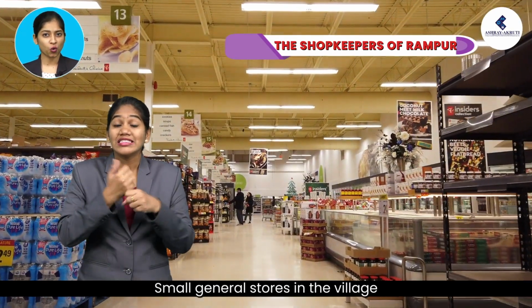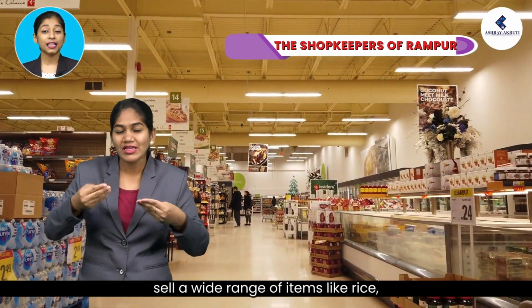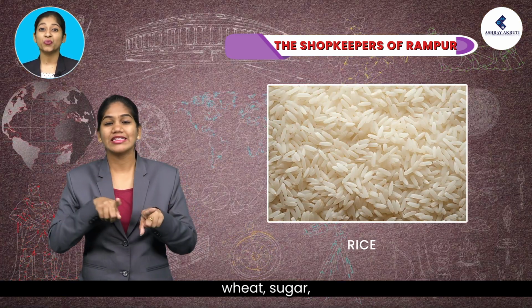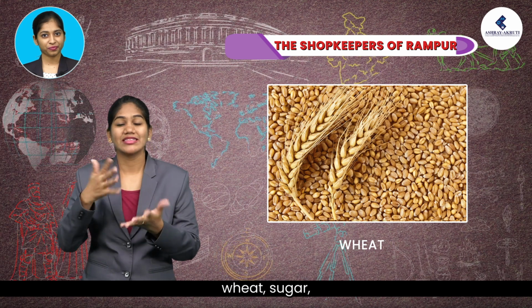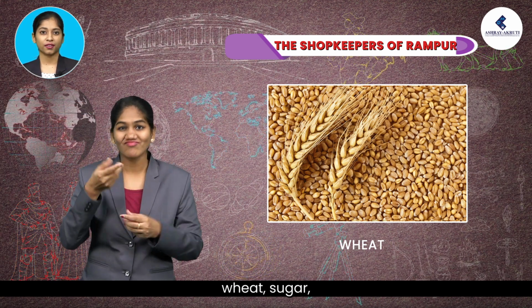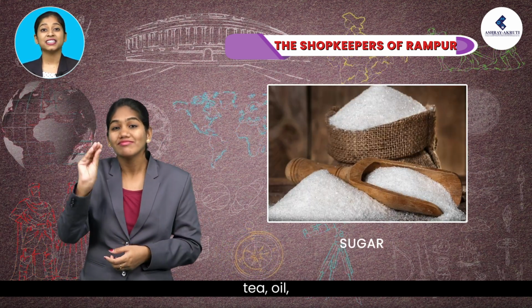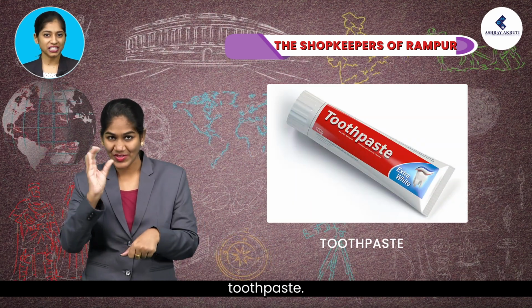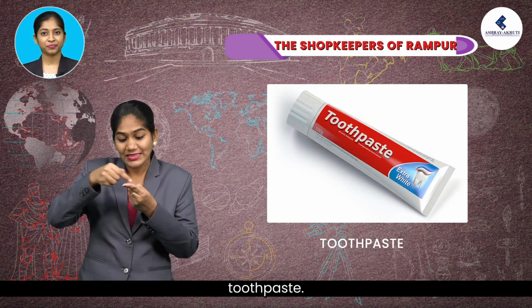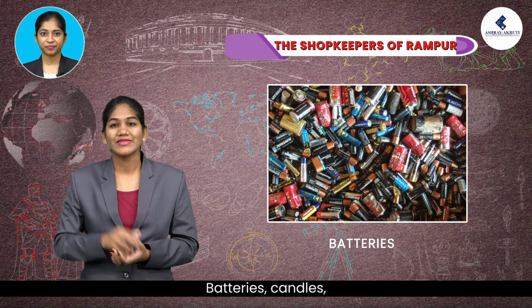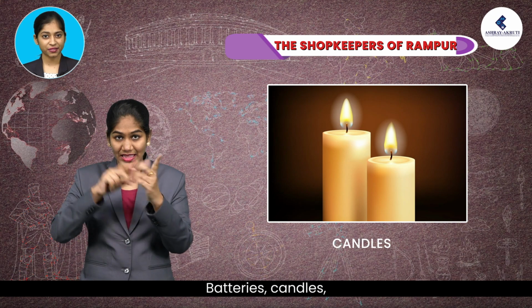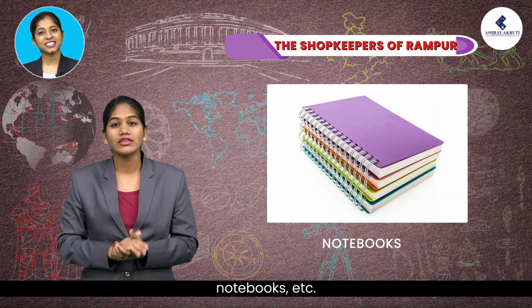Small general stores in the village sell a wide range of items like rice, wheat, sugar, tea, oil, biscuits, soap, toothpaste, batteries, candles, notebooks, etc.